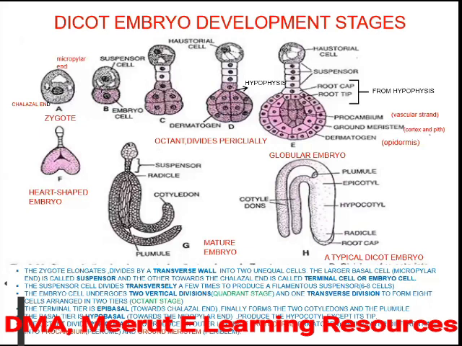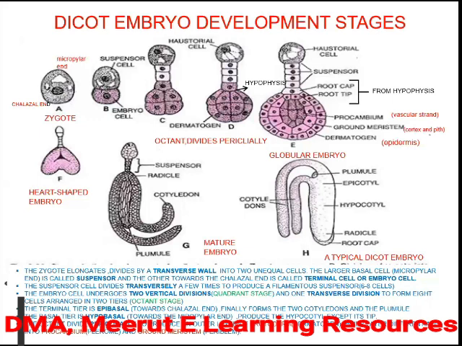Six to 8 tiers of cells are arranged because they are divided by transverse cell division. Now the last cell of the suspensor, or you can say the first cell of the suspensor towards the micropylar end, enlarges, becomes vacuolated, and behaves as a haustorium or haustorial cell.